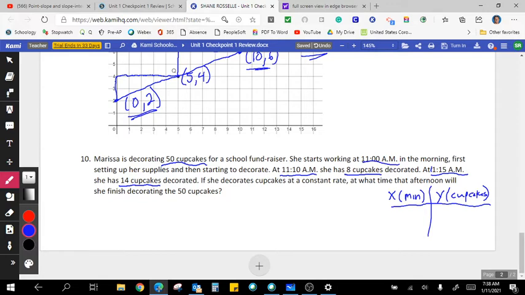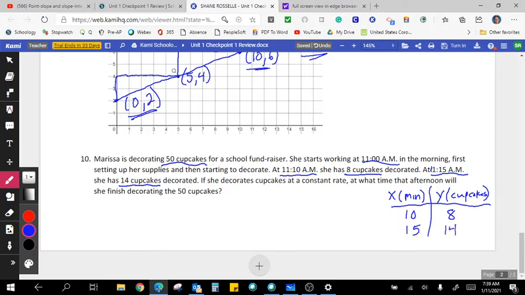Why is it 10 minutes? It's 10 minutes because Marissa started at 11, and at 11:10, there were 8 cupcakes. At 11:15, so 15 minutes after the starting point, there were 14 cupcakes.